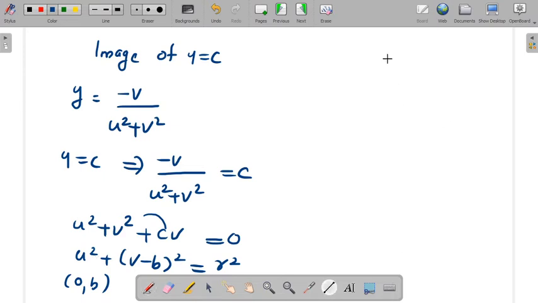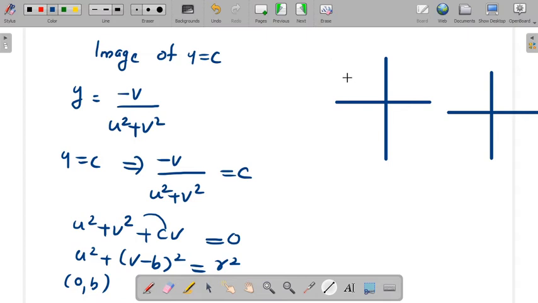So lines parallel to the horizontal axis will be mapped to circles that pass through the origin and with center on the vertical axis.